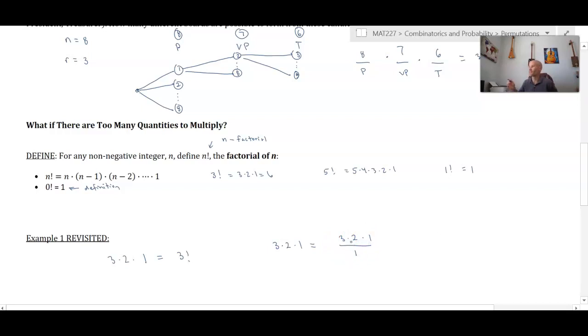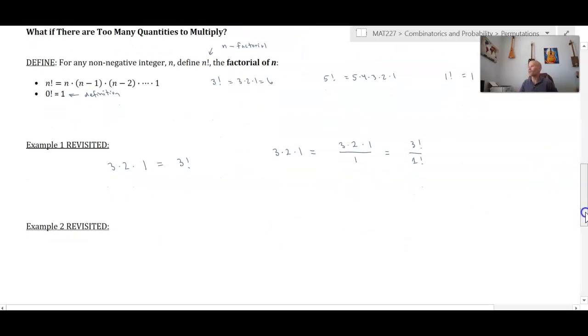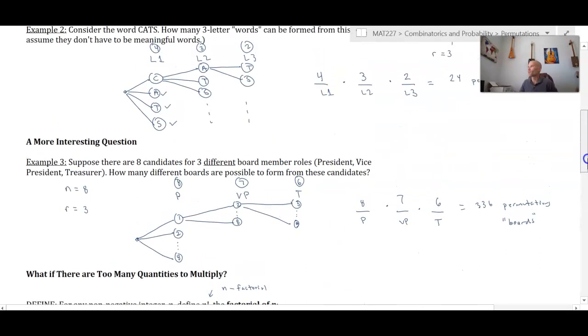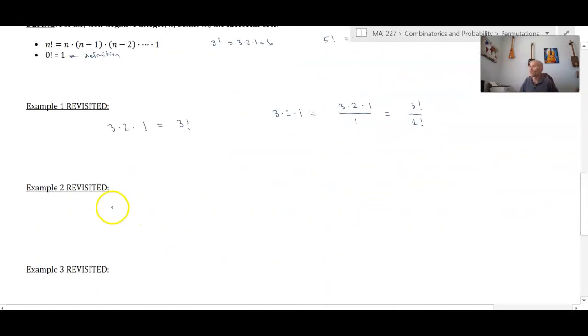Nothing fancy going on there, but it still is the same thing. And you might also notice that this is 3 factorial divided by 1 factorial. Why am I writing it like that? Well, in a moment you'll see. Because in example 2, our multiplication was 4 times 3 times 2.